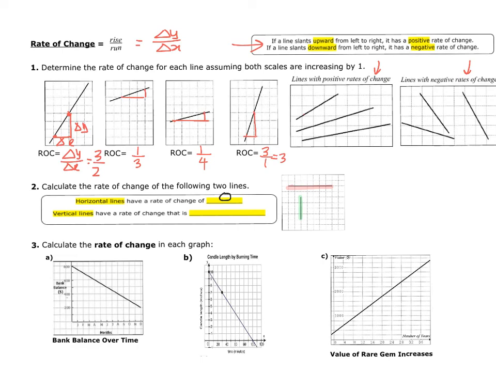There is only delta X. And for vertical lines, the rate of change is undefined. Why? Because there is no delta X here now, we only have delta Y. You cannot divide anything by 0, and that's why it becomes undefined.